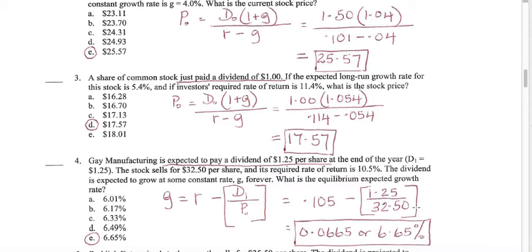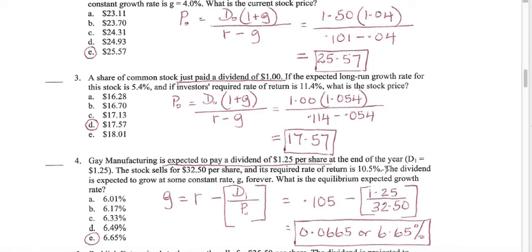What is your G? And you notice here, you were given the formula earlier. G is equal to your R, your required rate of return or your total return, minus the dividend yield, which is your D1 over the price. So take note here, you're already given your D1, so we use $1.25.